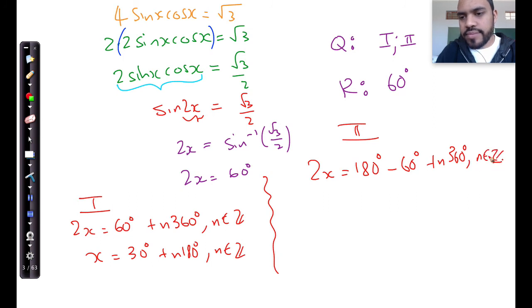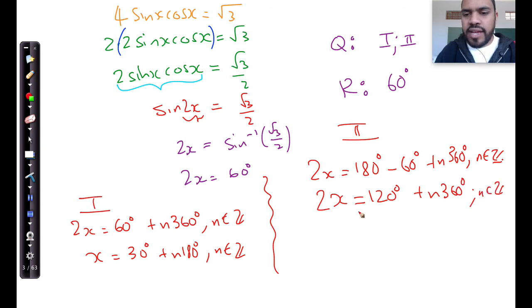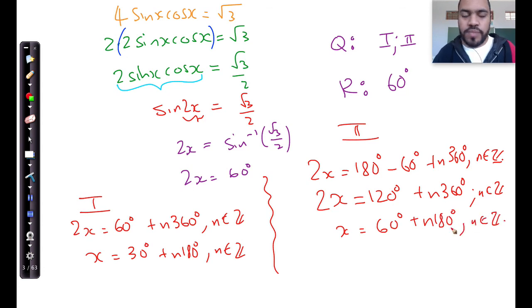Therefore, this tells me, again, 2x is equal to 120 degrees plus n times 360, such that n is an element of the integers. Now I can divide everything by 2, and I get x is equal to 60 degrees plus n times 180 degrees, such that n is an element of Z. That's the restriction. Okay, so there's an example of a grade 12 question that involves a double angle identity.